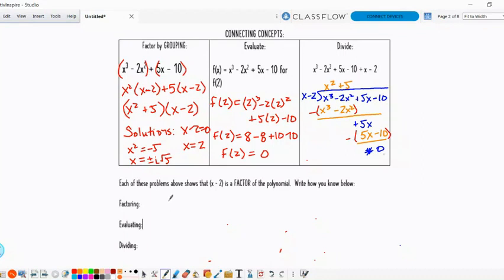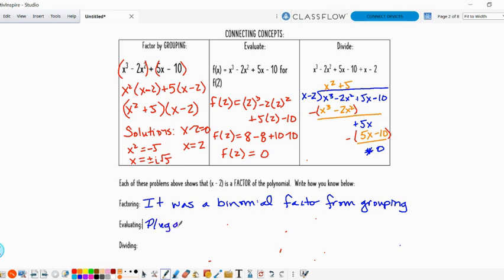What all three things are telling us is that x minus 2 is actually a factor of the polynomial. And here's how we know. When we factored by grouping, we saw x minus 2 as a binomial factor. When we evaluated by plugging in the zero, which was 2, that gave us 0.